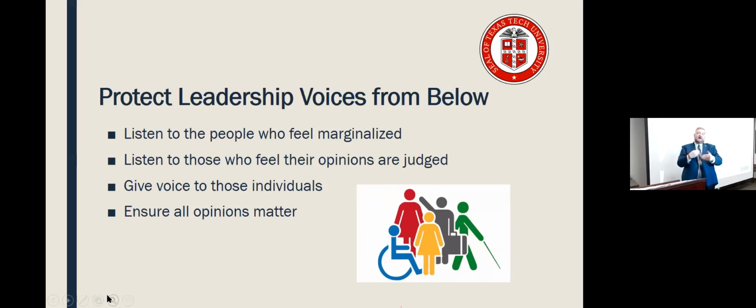Make sure that you're having conversations with all group members to see if their voice is being heard and if they're being able to contribute to the challenge. Give voice to those individuals who don't have that voice, and ensure that all opinions matter, especially with change. All opinions matter, because you want a solution to come from your challenge that others can use.